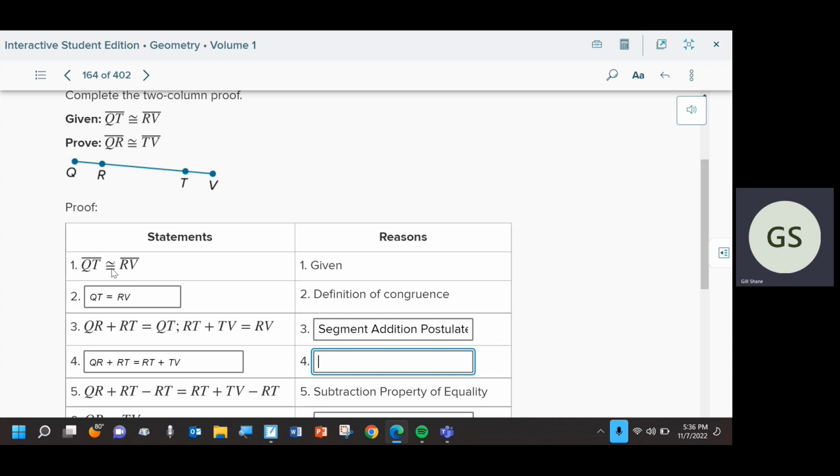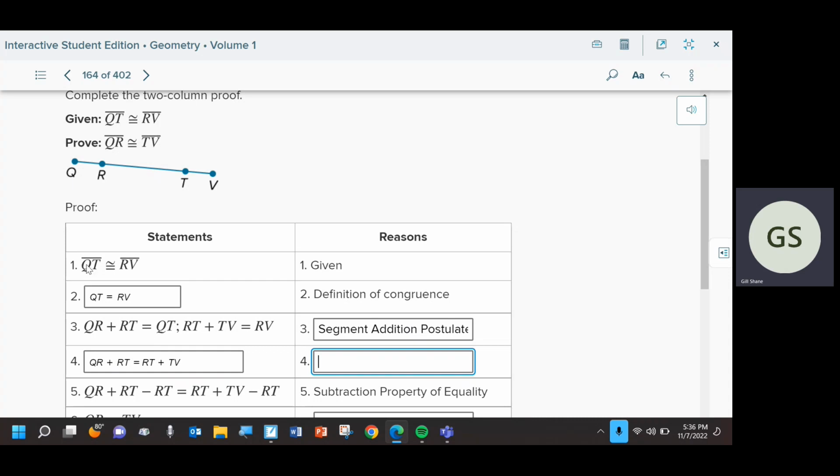Congruent signs kind of are the same hint, just like an equal sign, that substitution might get used. So now let's see if it would make sense to say I somehow use substitution to get from this line to this line, because I don't see any substitution as a reason yet. So there's a good chance this is substitution, but let me see if that makes sense.